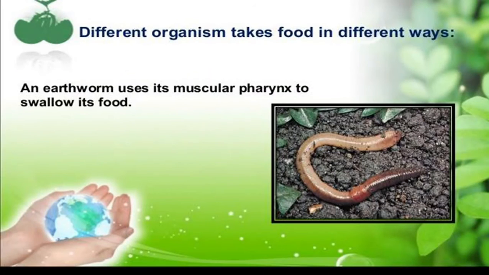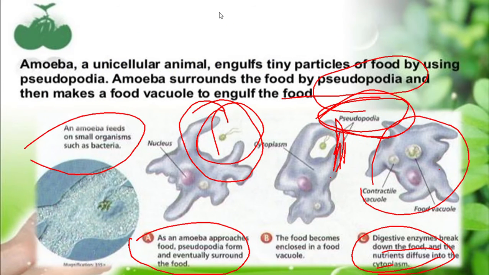Next, an earthworm uses muscular parts to swallow its food.